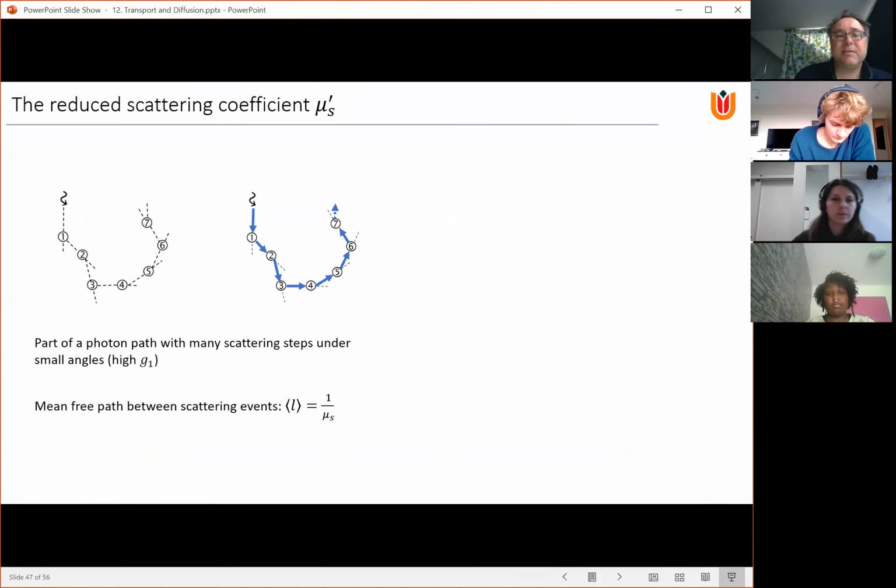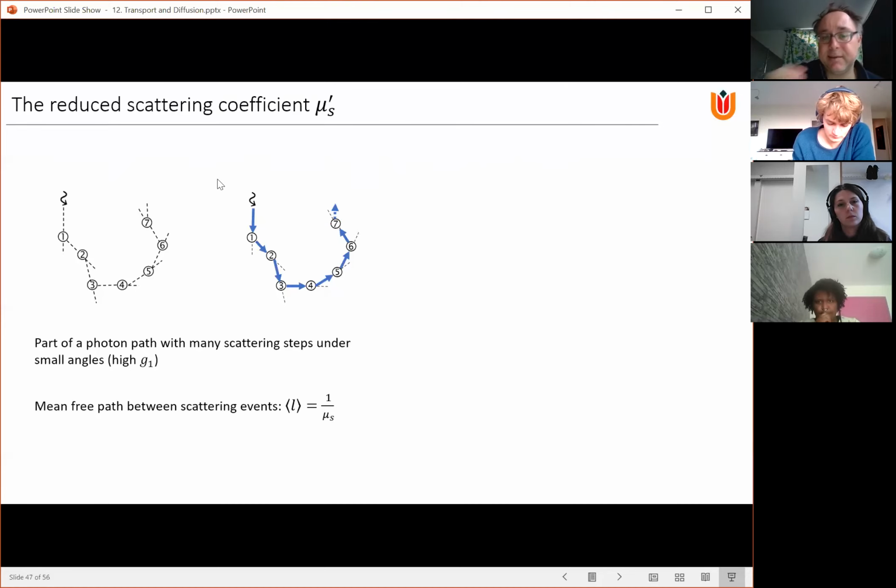So let's consider a photon trajectory. A photon is traveling, is scattered at this site number 1, changes direction, takes a short propagation step where nothing happens, then takes a propagation to 3 where it is scattered, to 4, etc. So this way the trajectory is built up.